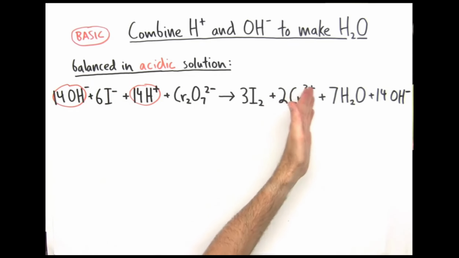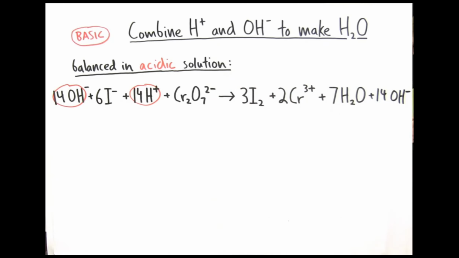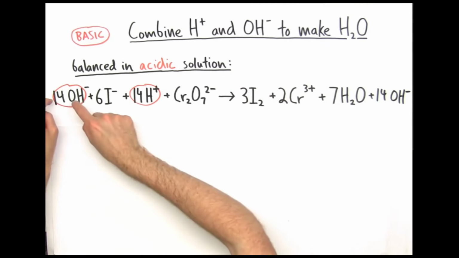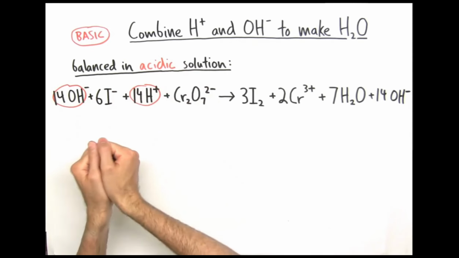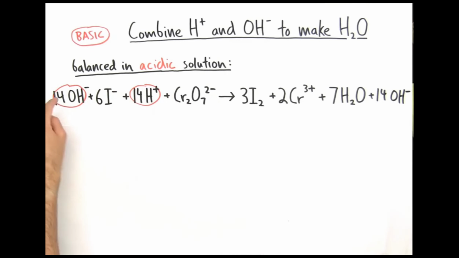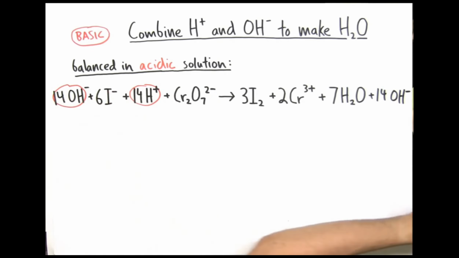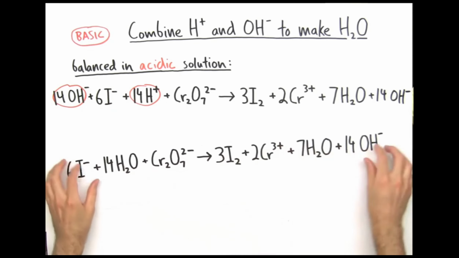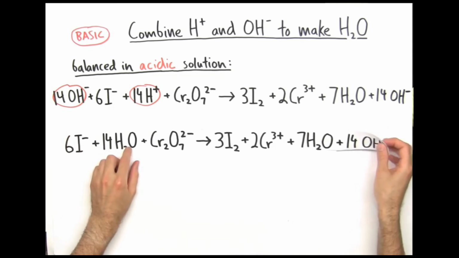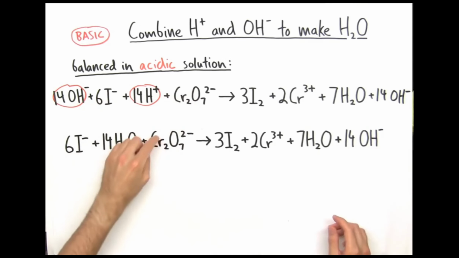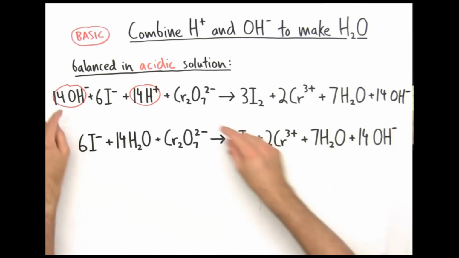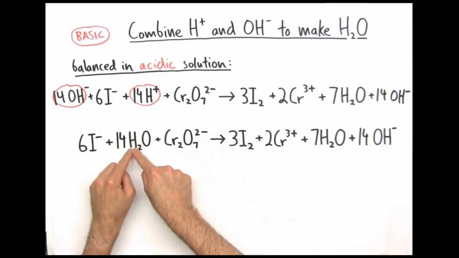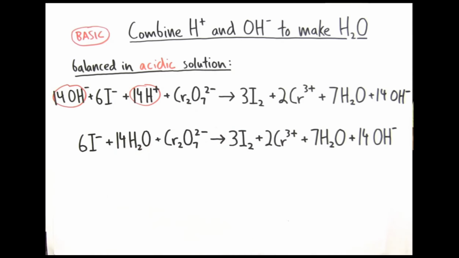I don't have H+ and OH- together on this side of the equation. So what I'm going to do is take these and put them together to make water. 14 OH-, 14 H+ are going to give me 14 H2Os, and then everything else is the same. The only change that I make is pulling these two together to make H2O.